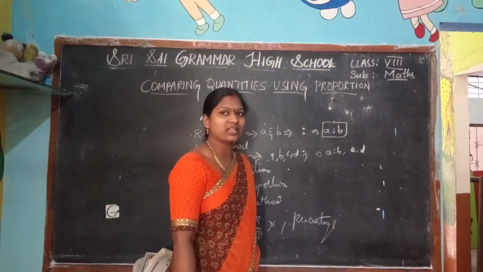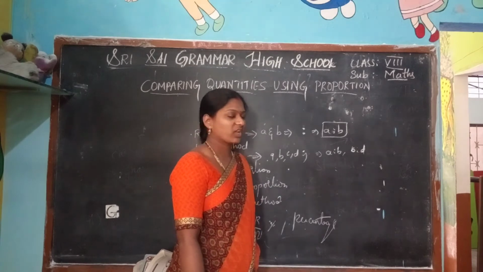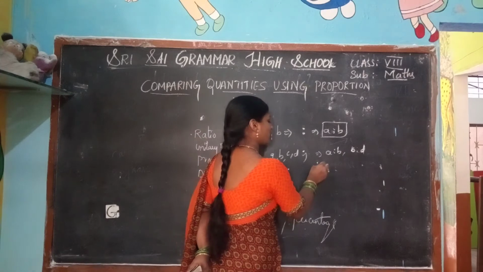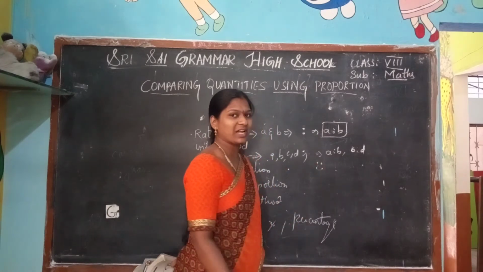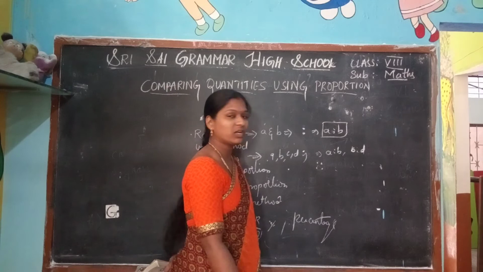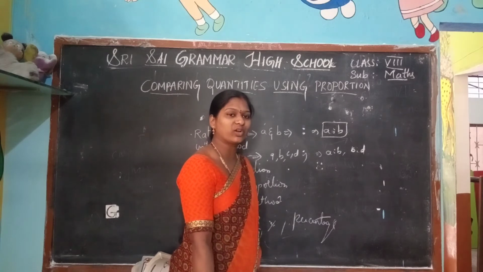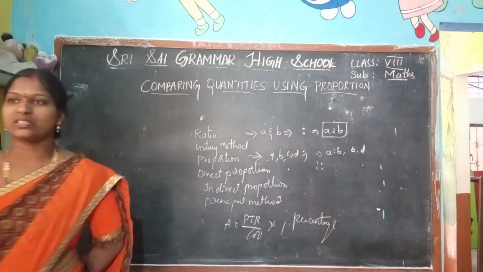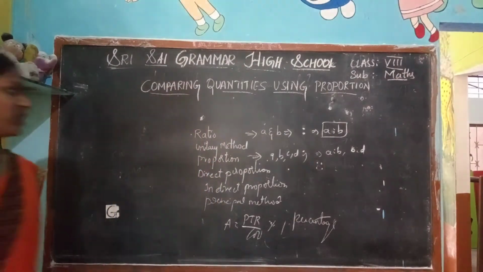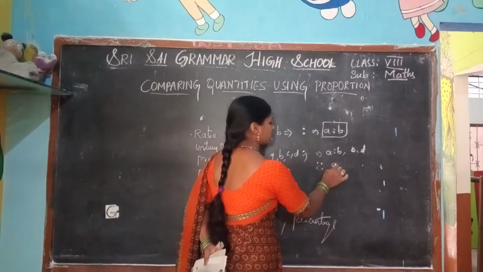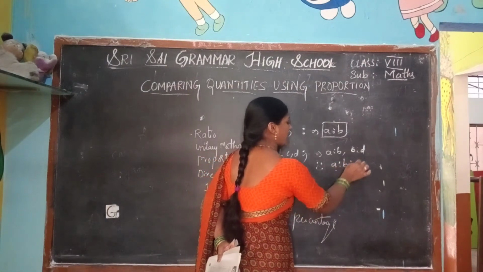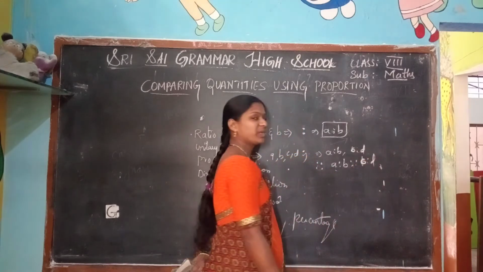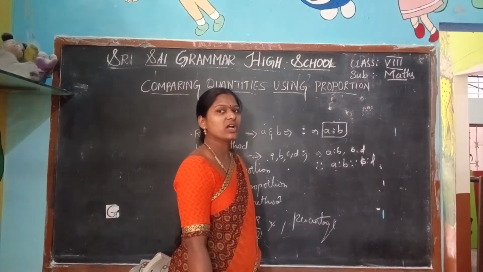For this we apply a proportion. What is the symbol of proportion? Like this, two dots in a vertical position, exactly 4 dots should be used. A is to B as C is to D.